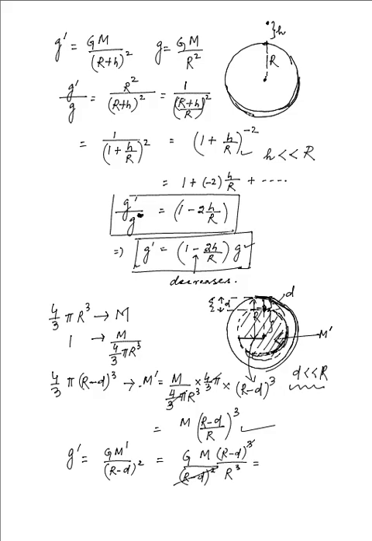Now this can be rewritten as gm divided by r square. I keep the r square from that r cube at the denominator, and one of the r is left.